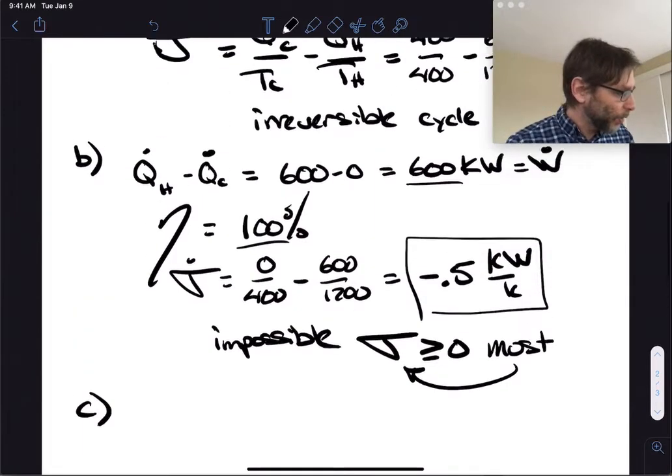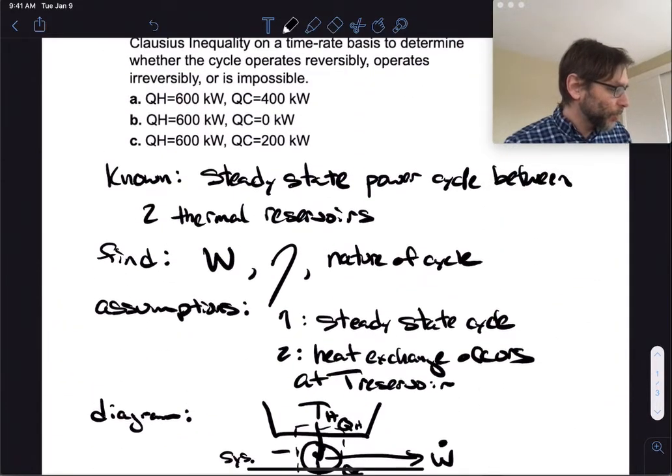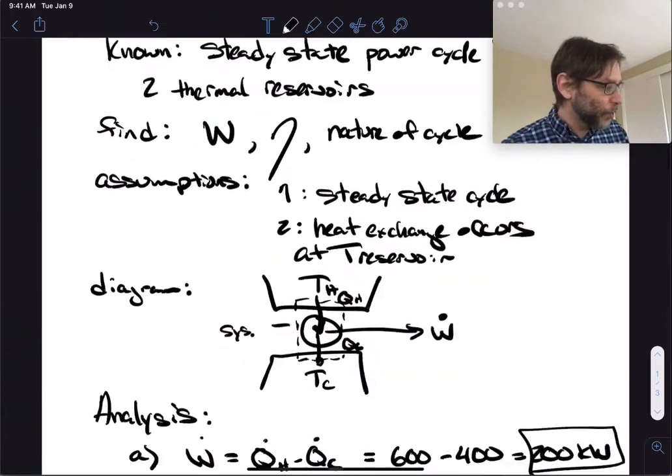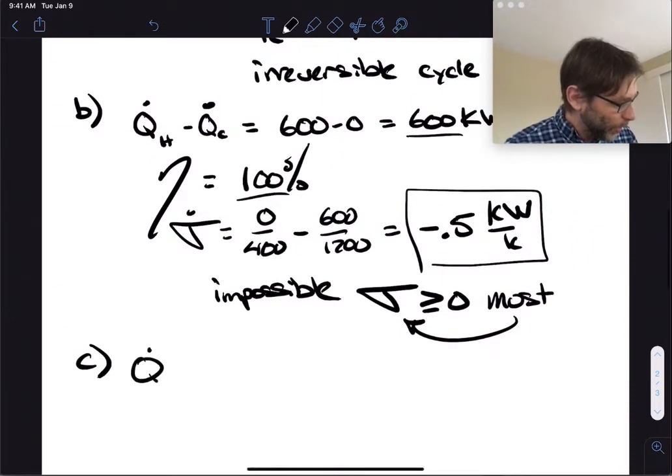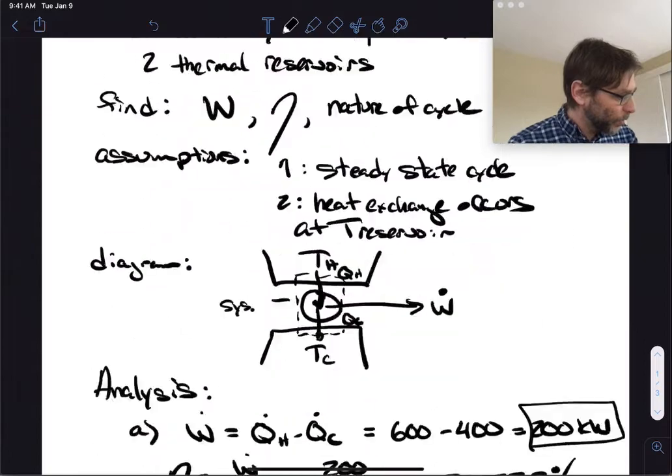Okay, the third one is QH equals 600 and QC equals 200. All right, so Q dot H minus Q dot C equals, what did I say, 600 and 200?